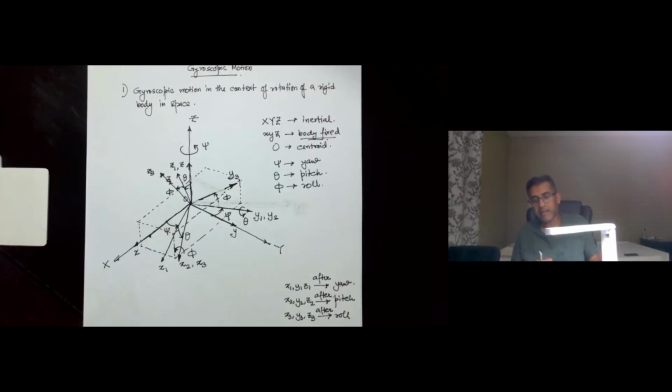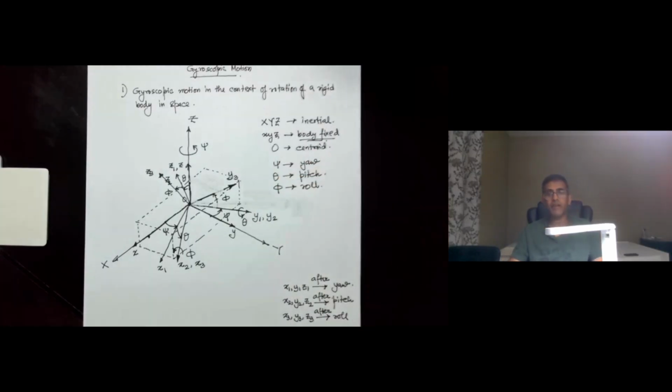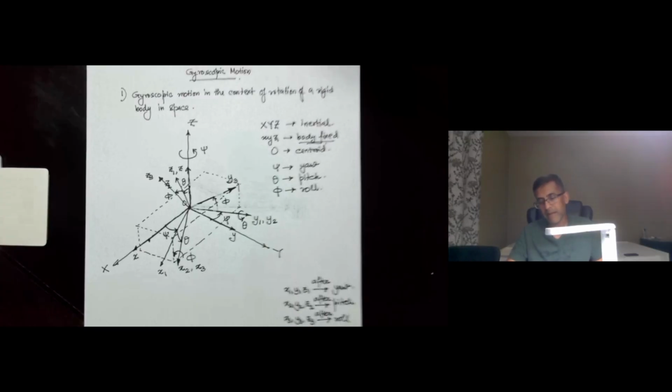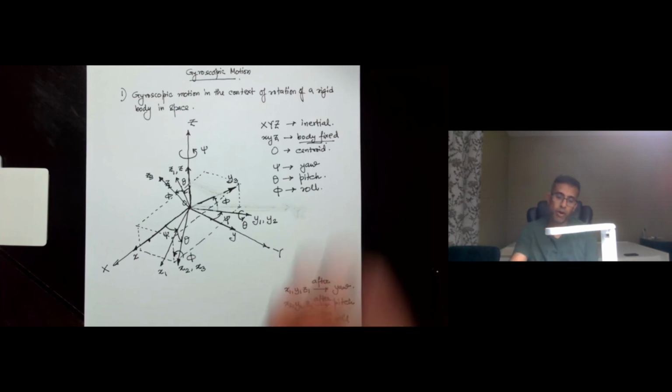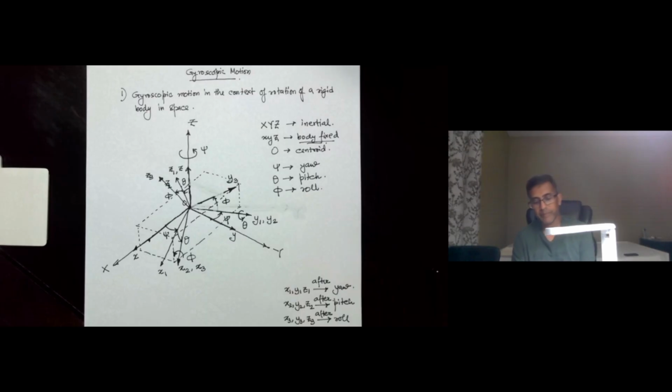Okay, these three angles, yaw, pitch, and roll, psi, theta, and phi are called the Euler angles. And you need three Euler angles to completely define a new orientation of a rigid body. So a rigid body has 3 degrees of freedom of translation and 3 degrees of freedom of rotation. And so yaw, pitch, and roll provides those 3 degrees of freedom of rotation.